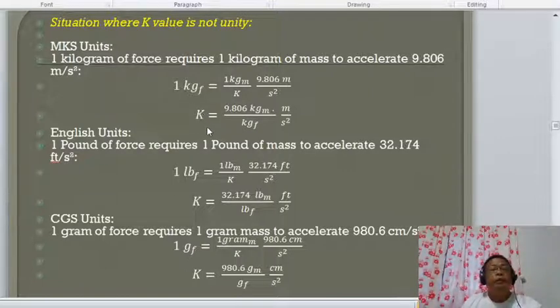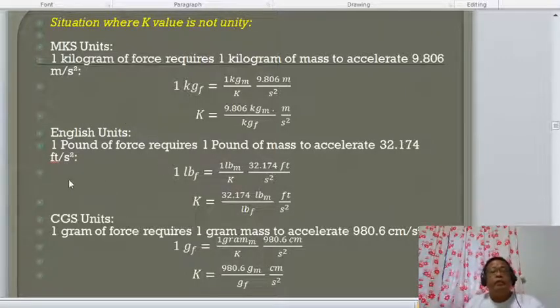Again, in English units, we have also a unit of mass in pounds. So previously, in the previous slides, we used the unit of mass as slug. So by this time, we now use the unit of mass as pound.